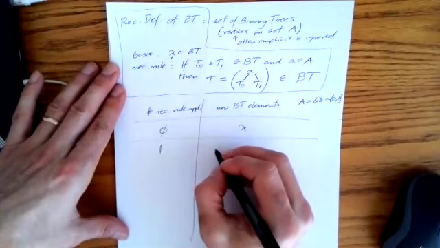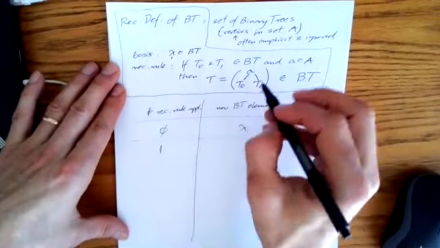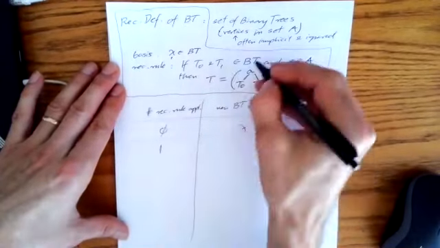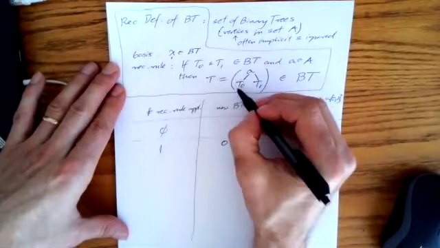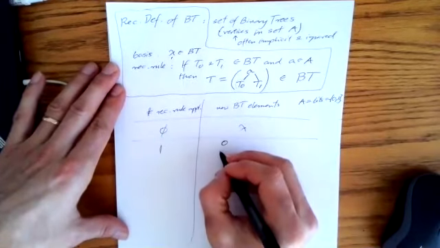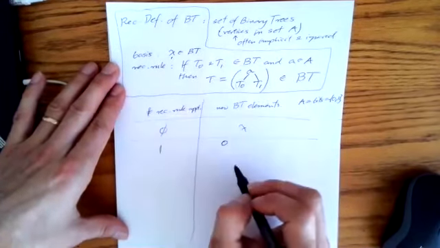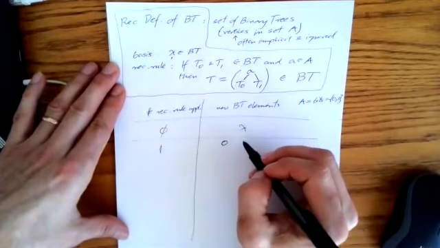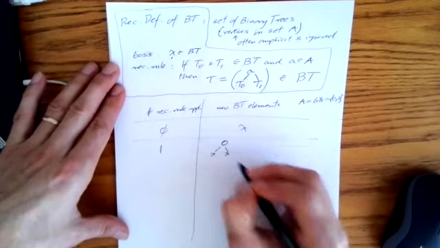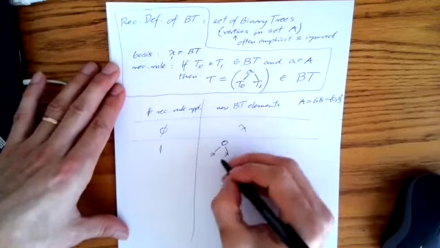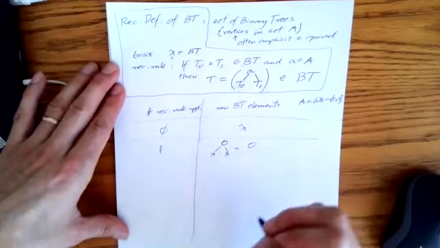So I take some bit, let's take the bit 0. T0 and T1 have to be elements of BT. Well, what's in BT? Just the empty string, so both T0 and T1 are equal to the empty string. And this tree I can just represent as 0.